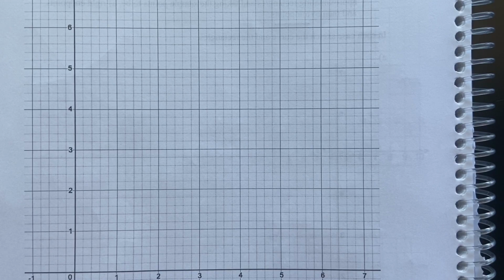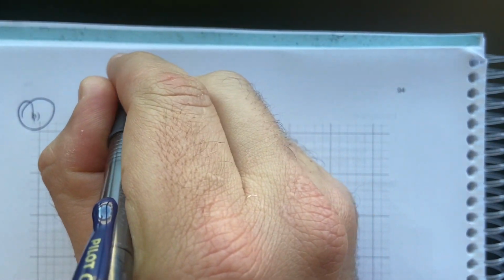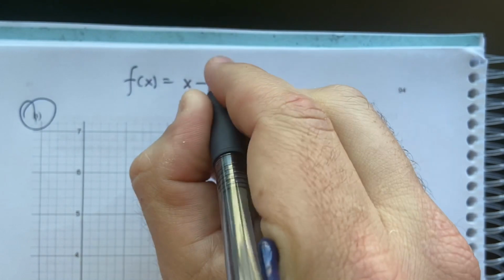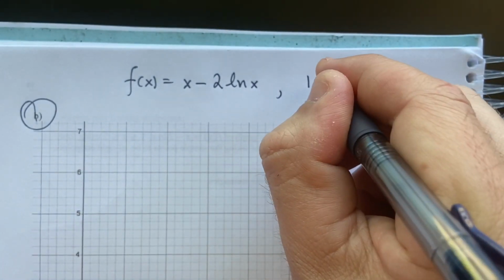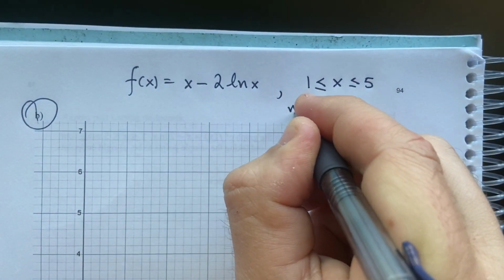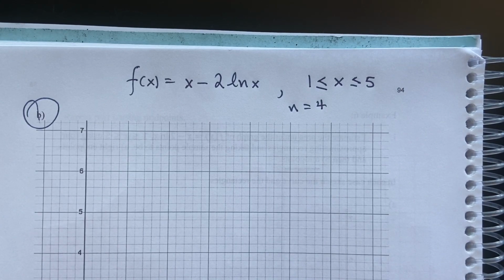And what else? So I'll go ahead and evaluate this function. I'll just write the function up here. It's f of x equals x minus 2 ln x. And then we're going from 1 to 5 using n equals 4. Okay.